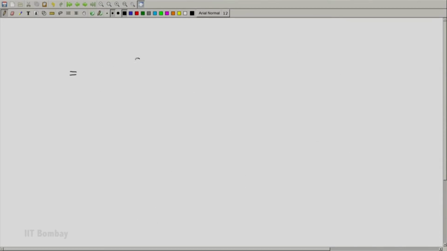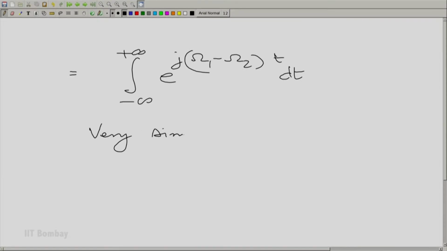That is essentially the integral from minus to plus infinity of e raised to the power j (omega 1 minus omega 2) t dt, which is a very similar integral.